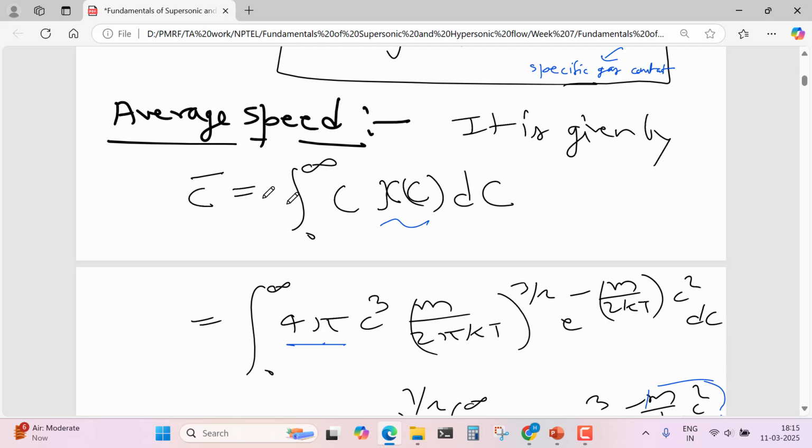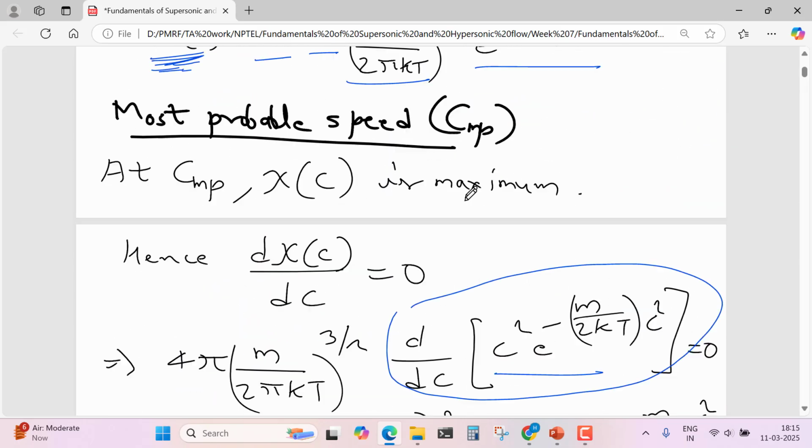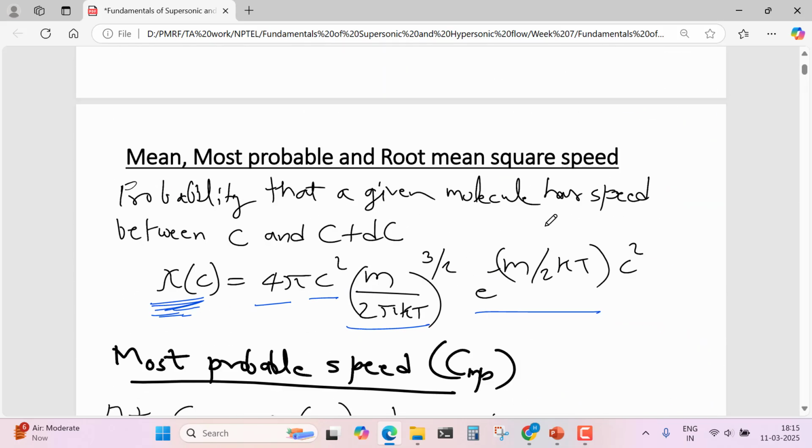This speed is given by c bar equal to integration 0 to infinity c chi c dc. Here chi c is nothing but the probability that a given molecule has speed between c and c plus dc, and it is given by chi c equal to 4 pi c square (m upon 2 pi kt) to the power 3 by 2 e to the power minus m upon 2 kt c square.